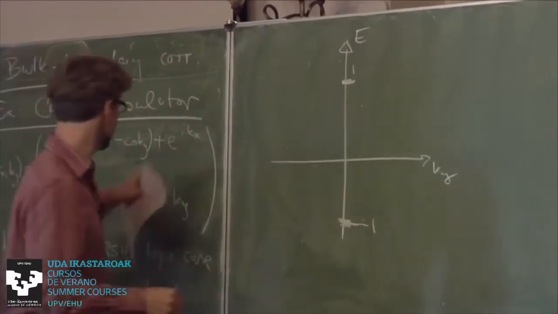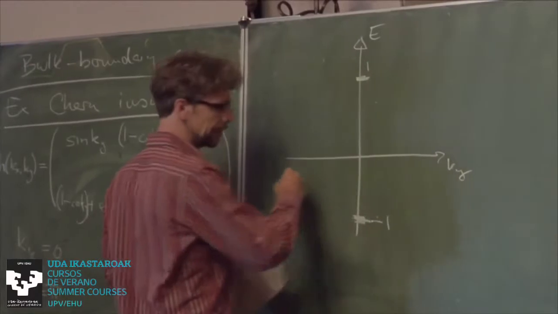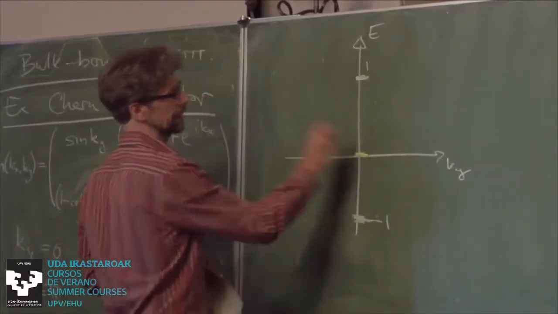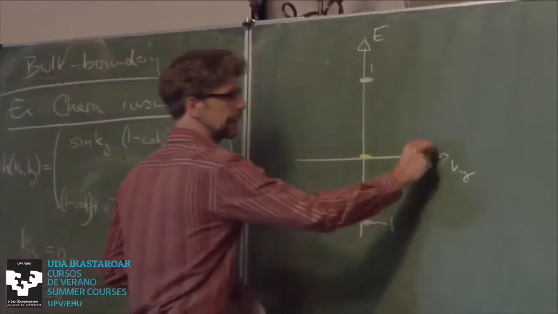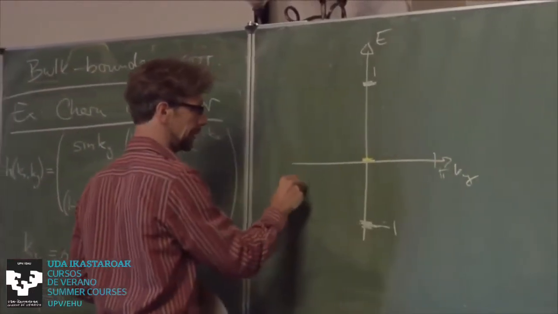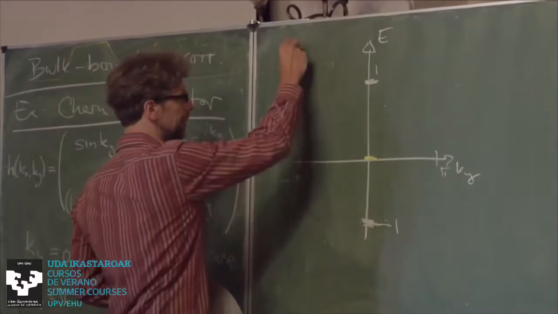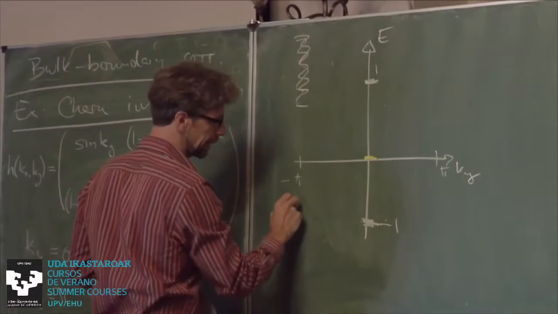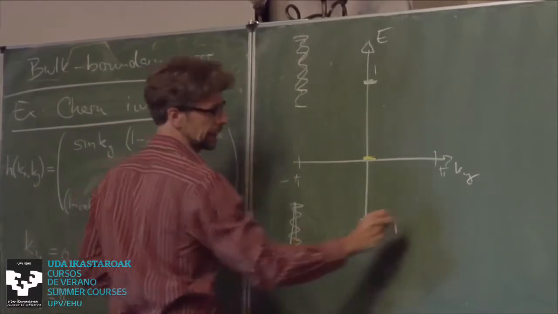So these are the two eigenvalues of this thing in the bulk. And then we know we have this one end state at each side, at 0 energy. And then at ky equal to pi or minus pi, we have these bands in the bulk, and we have no end state.